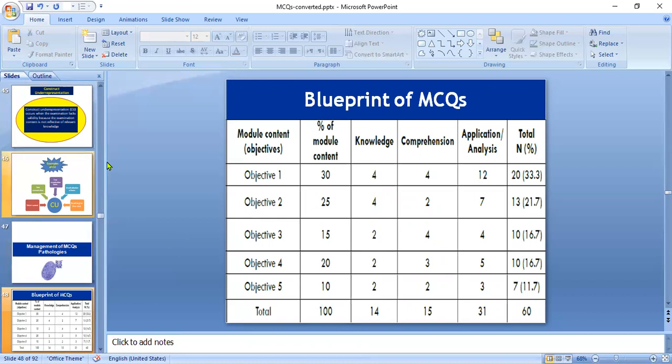Suppose यहाँ पर जो जनरल सा एक टेबल है आपके सामने, जिसमें objective 1 यानी this is the first theme, this is the second theme, third theme, fourth theme, और फिर इसमें से कितना परसेंटेज आप इनसे देंगे: 30%, 20%, 15, 20, 10. This is the total percentage of the test.